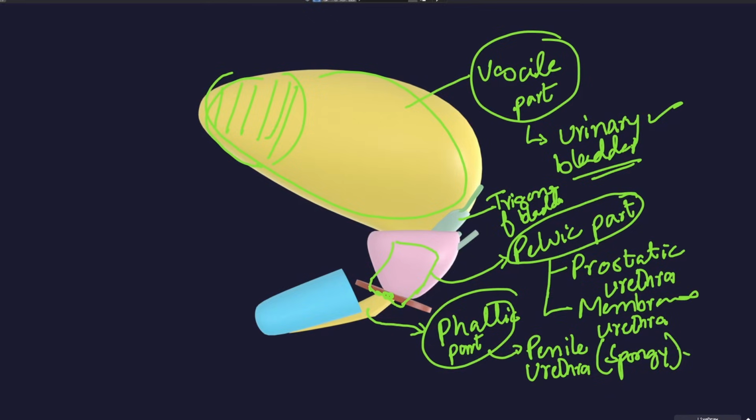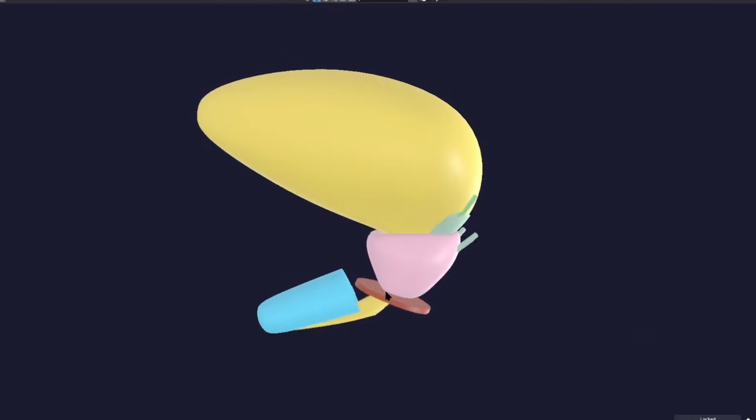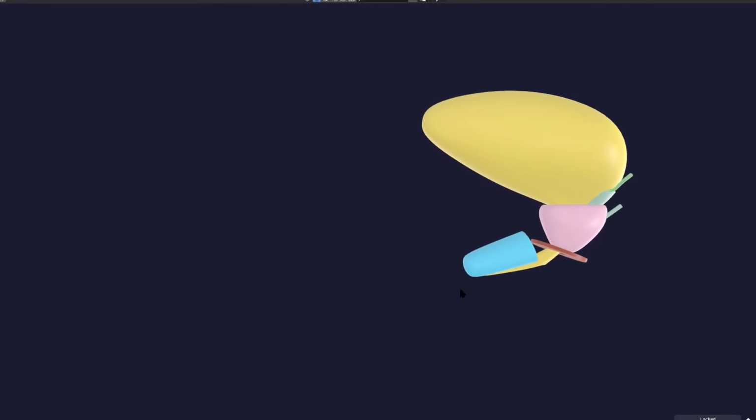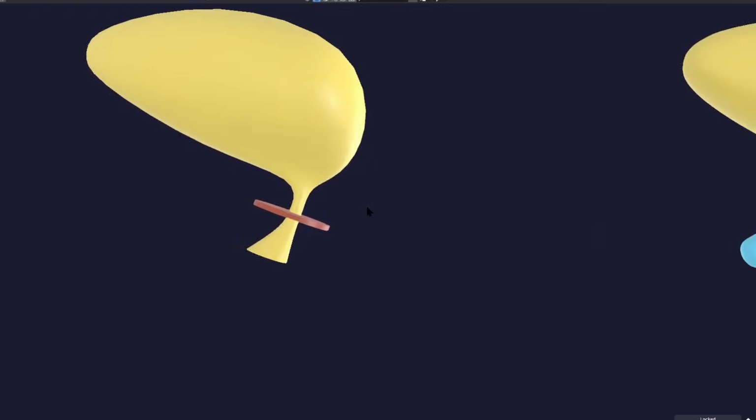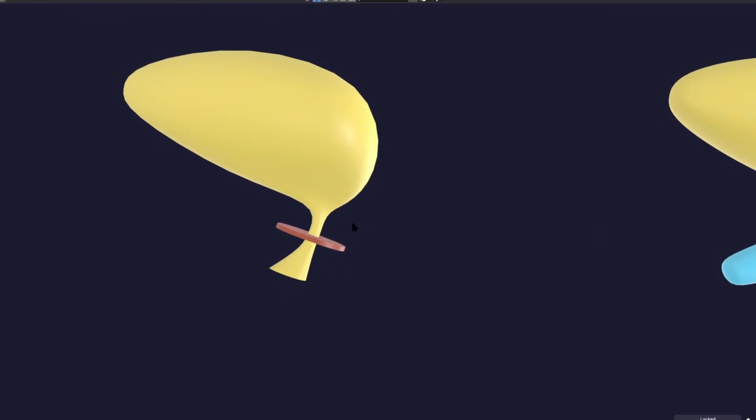Now what is the story of the female? Of course the urinary bladder, along with the story of the trigone of the bladder, is the same in males as well as females. The only difference is in the fate of the pelvic part as well as the phallic part. So here we have the female embryo, and the story is much simpler in females.